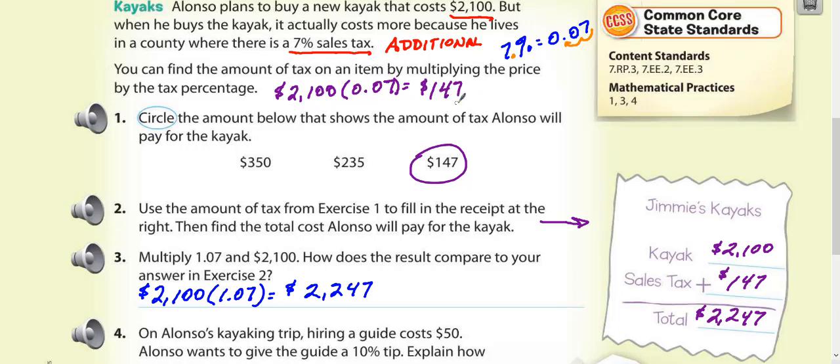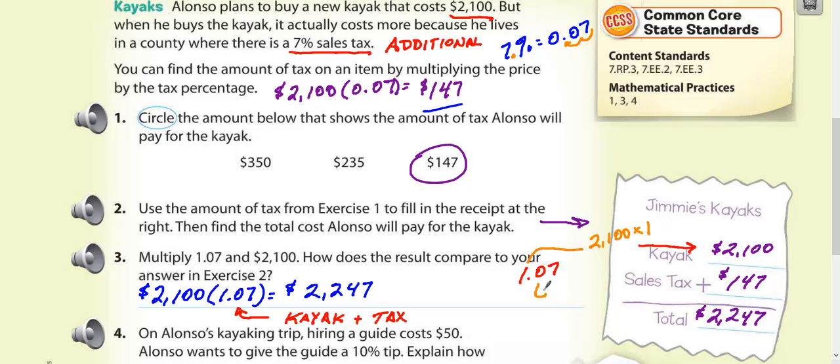How come we can do that and get the same answer that we got here? Well, because here we only got the tax and then we had to add it back in. When you do that 1.07, that 1.07 is the kayak plus the tax. It's all in one place. Break it down a little further. When you do that 1.07, the 1 is 2,100 times 1.